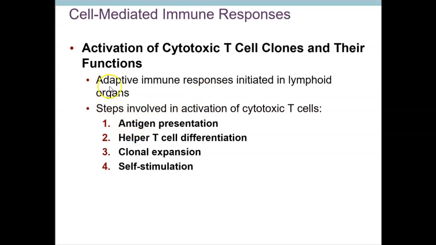So these start out in the lymphoid tissues, and we'll get a process, the steps involved in getting these cytotoxic T cells activated and ready to go. So first we have antigen presentation, where they detect that the antigen is present. The T cells differentiate, helper T cells differentiate. We get clonal expansion, and then we'll get self-stimulation, which isn't what it sounds like, I promise.